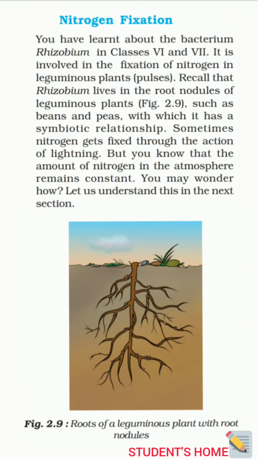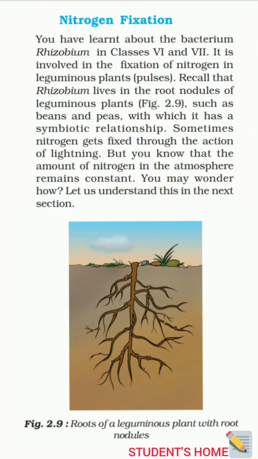Now coming to our next topic, that is nitrogen fixation. You have learned about the bacterium rhizobium in class 6 and 7. It is involved in nitrogen fixation in leguminous plants, that is pulse plants.